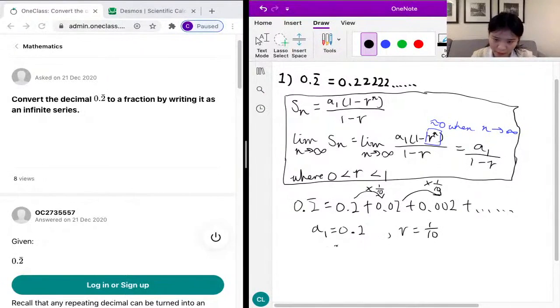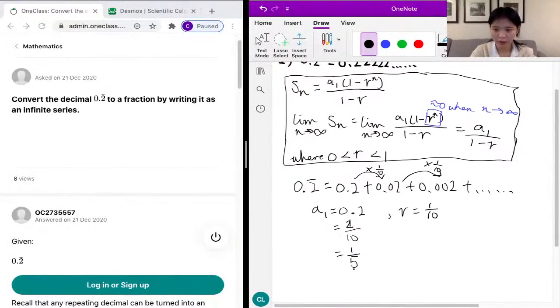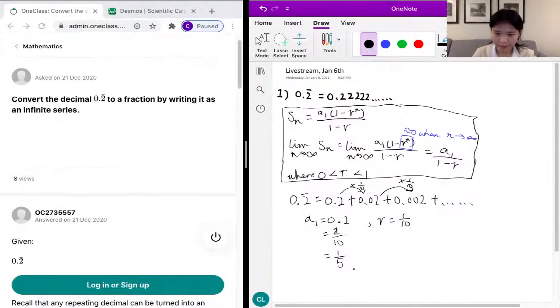And let's write A1 in fraction form as 2/10, which equals 1/5. So A1 is 1/5 in this case, and R is 1/10.